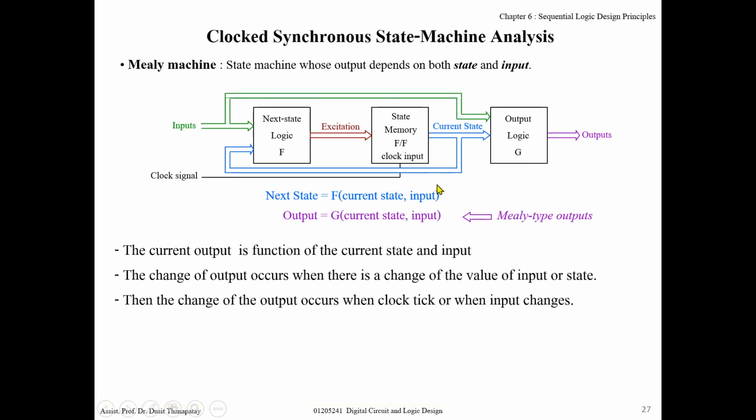But if the output depends on external input also, namely output may be changed when clock tick, which makes state change, and the output also may be changed when external input changes, this kind of state machine is Mealy type state machine.